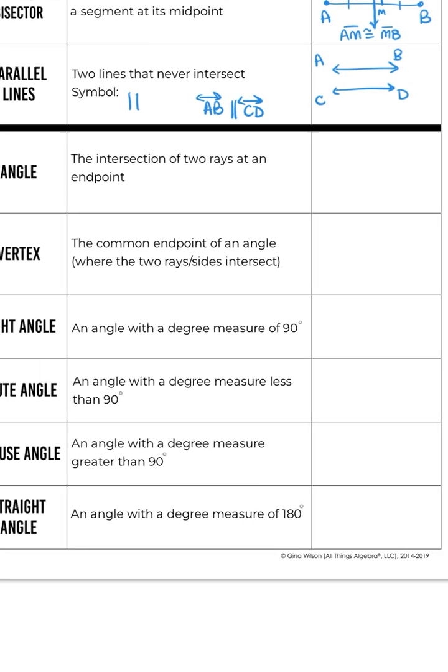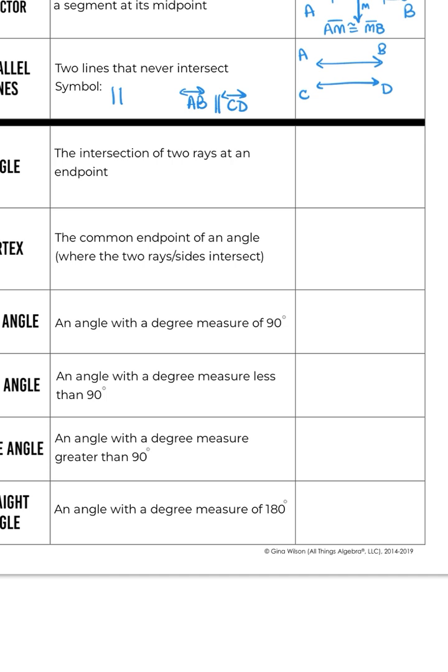Then we have angles, the intersection of two rays at an endpoint. So we have an endpoint, we have a ray going off in one direction, we have a ray going off in another direction, and what's left between them is measured in degrees, and that is our angle. So typically we name an angle with three letters.